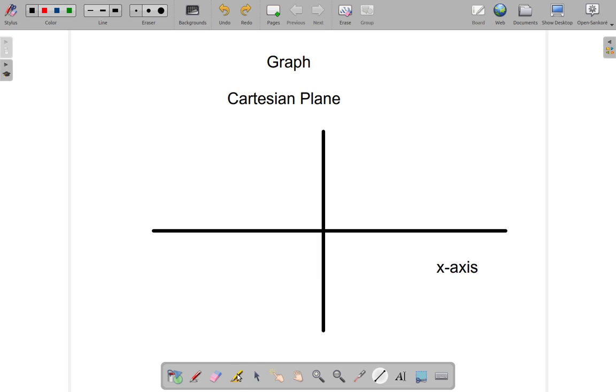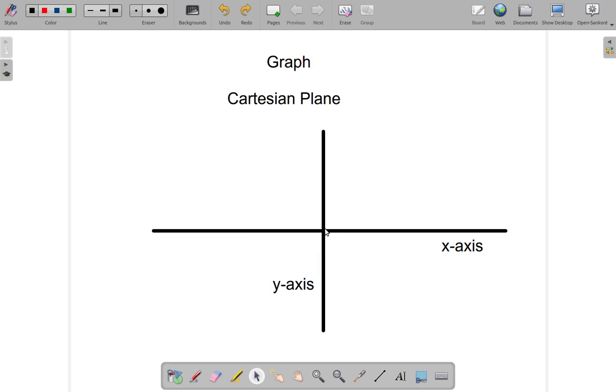It's a vertical line, and this is called the y-axis. So this is the y-axis, and this one is the x-axis. So that's a Cartesian plane.